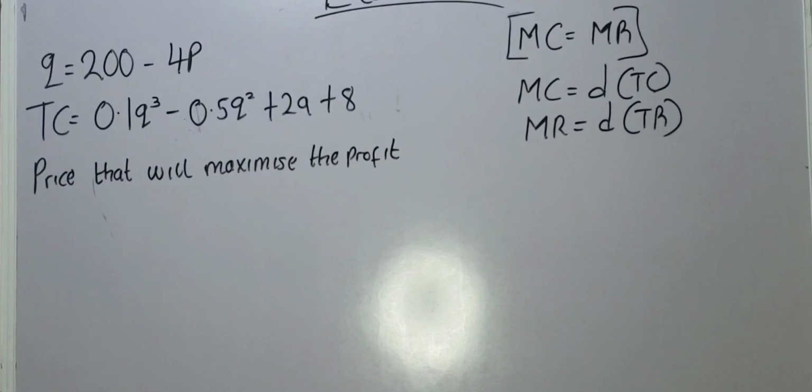Having known the meaning of marginal cost and marginal revenue, from this question we are told to find the price at which the firm will sell its produce in order to maximize profit. To determine the price, we first need to get the quantity that it must sell in order to maximize profit. Are you getting what I'm saying?